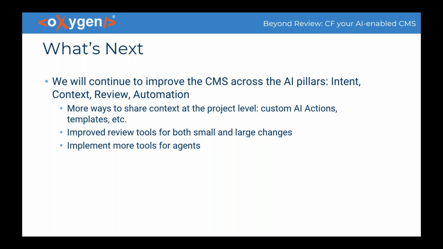Now, as our plans for the future, we will continue to improve the CMS across the AI pillars that I mentioned at the beginning. So we are working to add more ways to share context at the project level. For example, now you can add custom AI actions, which are available for every project on the platform through the administration page.